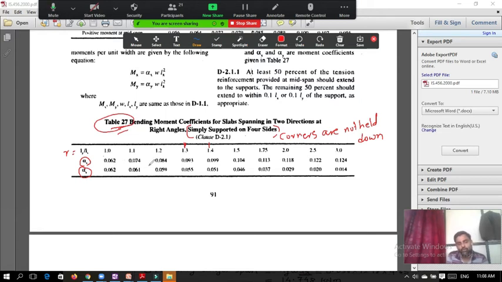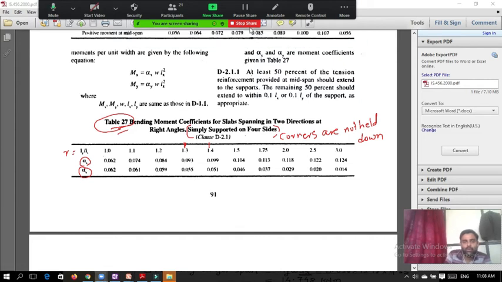Otherwise you have to use table number 26. So in the current problem, if they had not mentioned that the corners are held down, then we may use these coefficients alpha x and alpha y. That is the difference between these two tables.